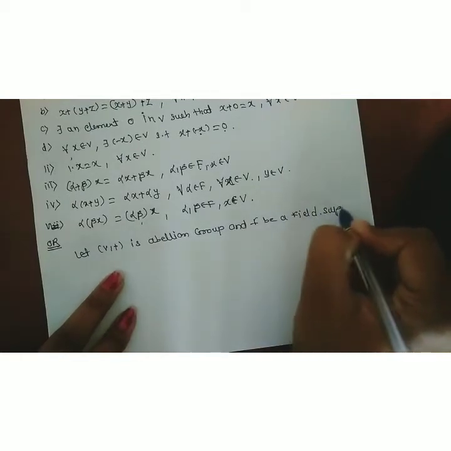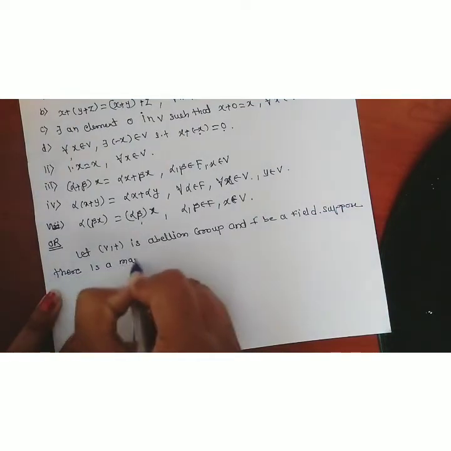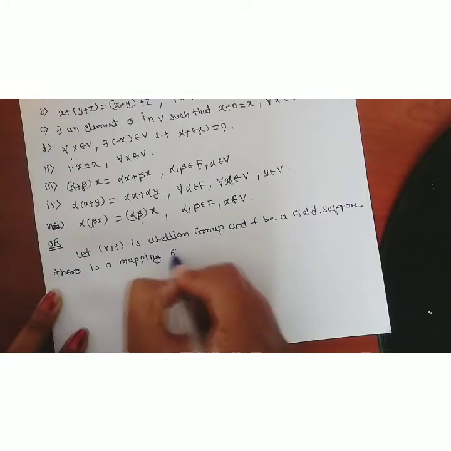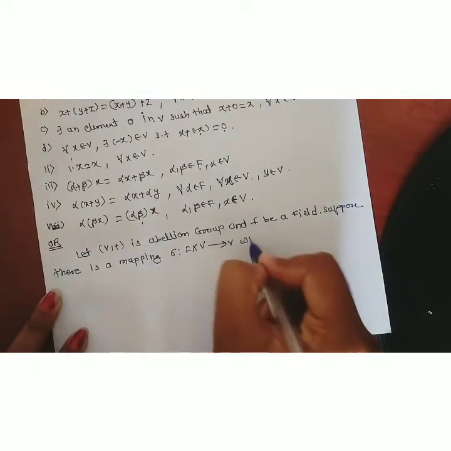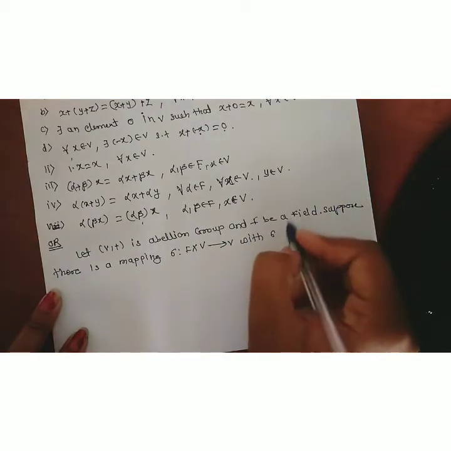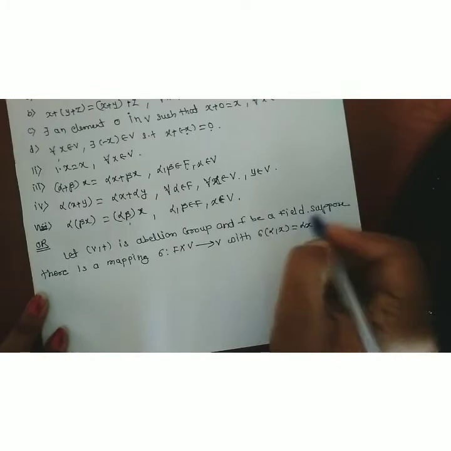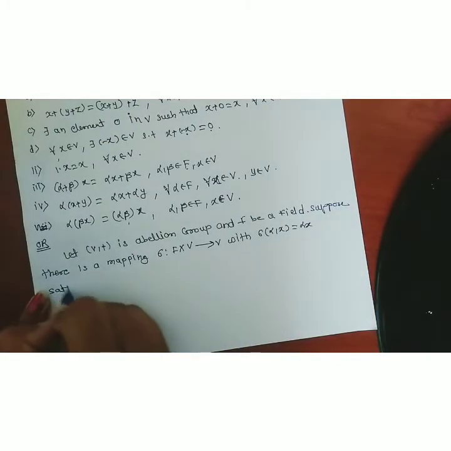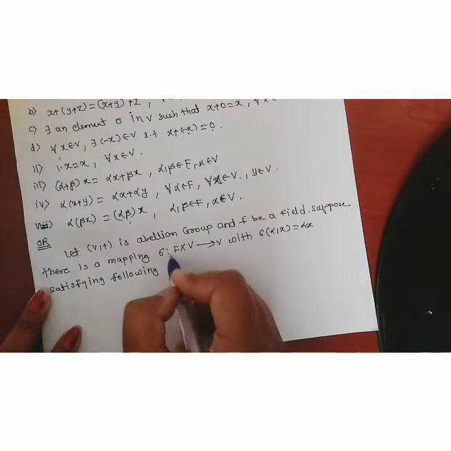Suppose there is a mapping sigma from F cross V to V with sigma of alpha, x equal to alpha x, satisfying the following properties.